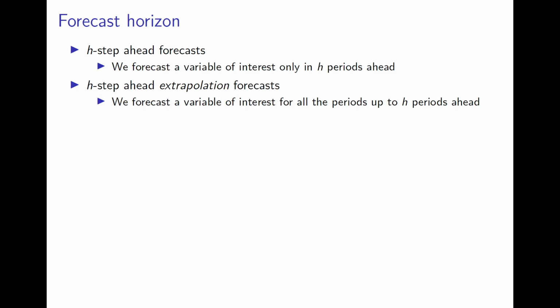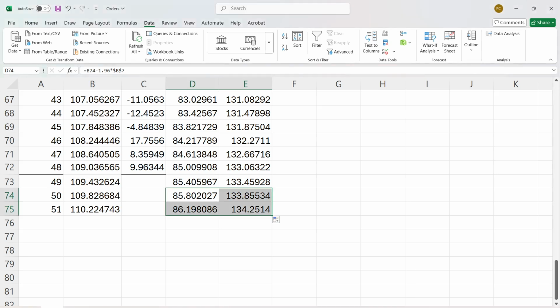And so essentially, I did just extrapolate 1, 2, and 3 periods into the future. Here's an H step ahead extrapolation point forecast, and here's an H step ahead extrapolation interval forecast. If I just say 2 steps ahead, this 2-step ahead interval forecast is just one of them. Sometimes you want all of those.